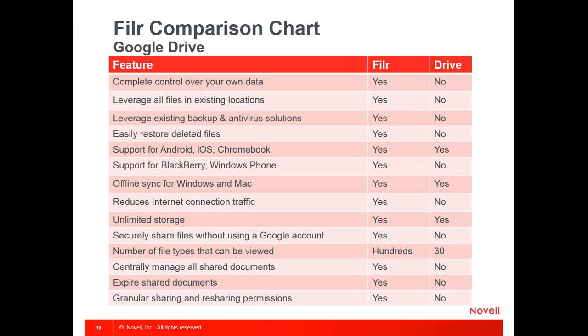Yes, we do. We have students that are using Google Drive, and we also give them the option for Filr, and we find out that a lot of times it's not either or, it's both. If they're working on a document in Google Docs, they can pop it right up to the Drive, that's no problem. But if they're working on an assignment for a class, for example, a photography class, they're taking photographs at home, they have to get those photographs from home to school so that the teacher can grade them.